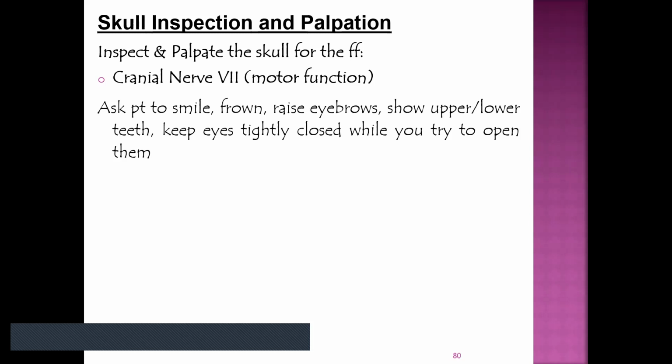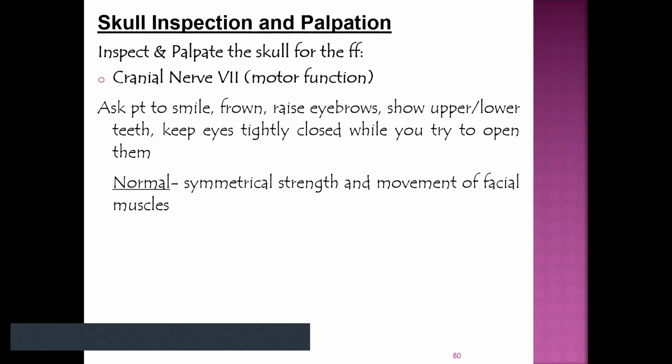And then keep your eyes tightly closed while you try to open them, but do not press the eyeball. You can just try to pull it a bit higher or lower, but do not depress the balls.